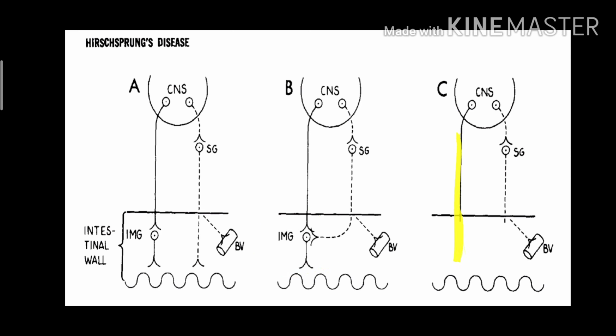There is no parasympathetic system. So it is not only that the parasympathetic system is not working properly because of the missing ganglion cells; the work of the sympathetic system is also affected. The result is that when the peristalsis comes and there are no ganglion cells, the peristalsis doesn't go forward. So there is constriction and spasm of the bowel here, resulting in a functional obstruction.